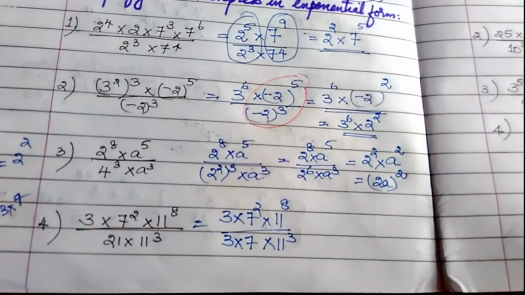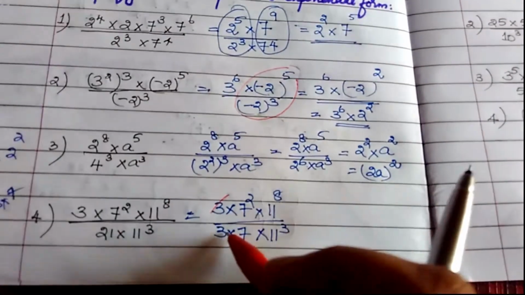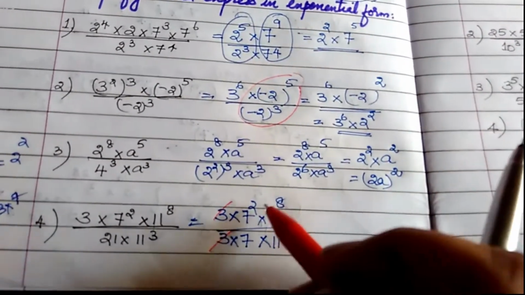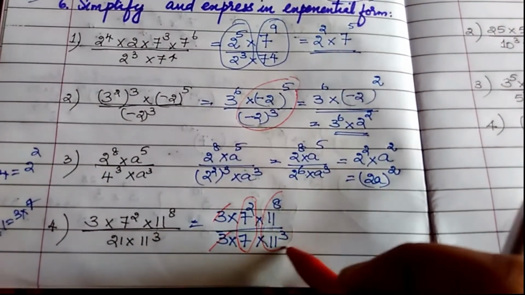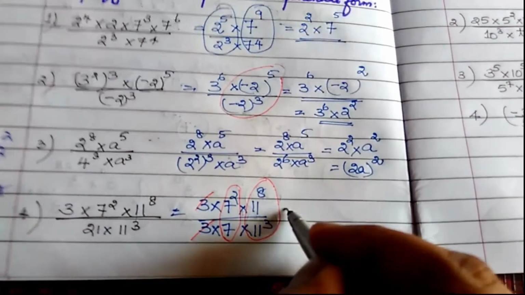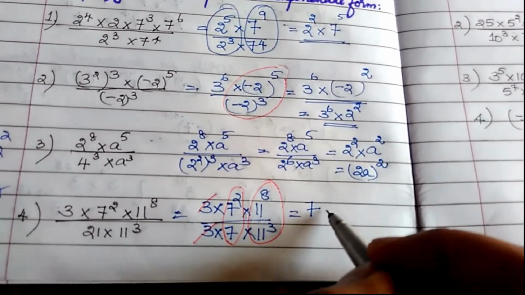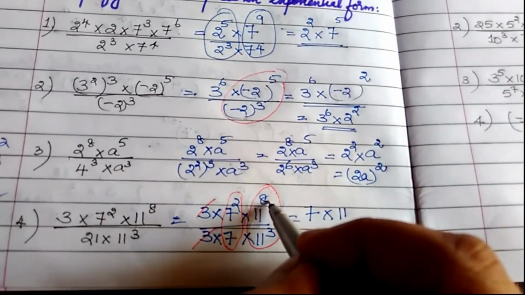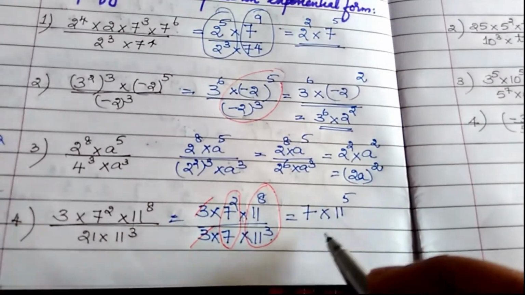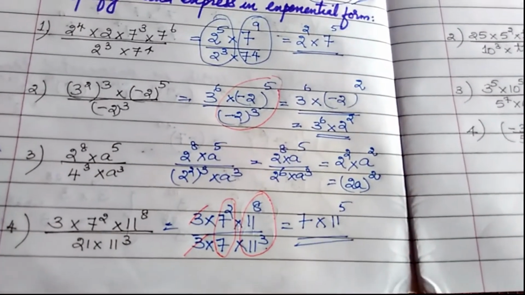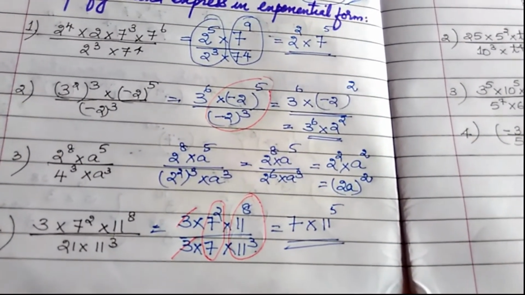So here 3 and 3 gets cancelled and you can use the groups like this. So it is equal to 7 to the power 2 minus 1 is 1, into 11 to the power 8 minus 3 is 5. So you got this, 7 into 11 to the power 5.